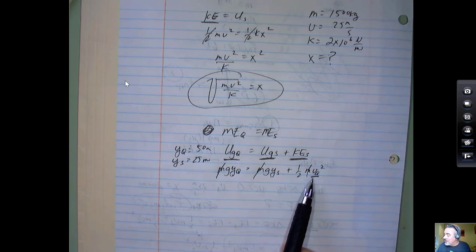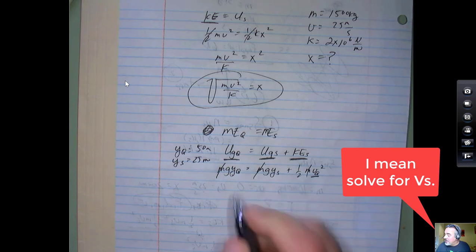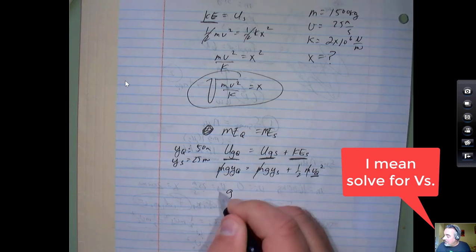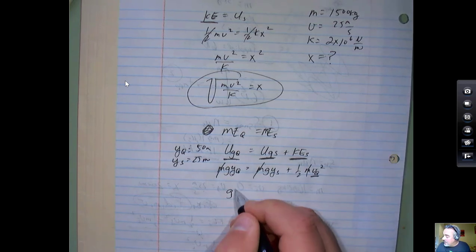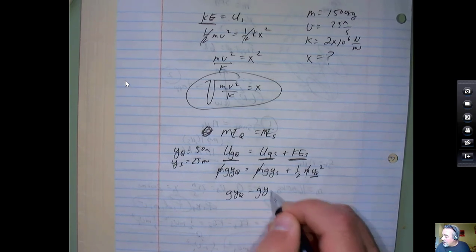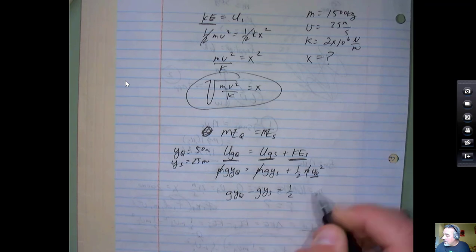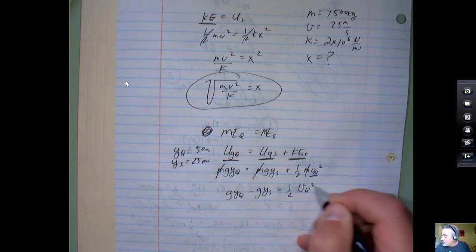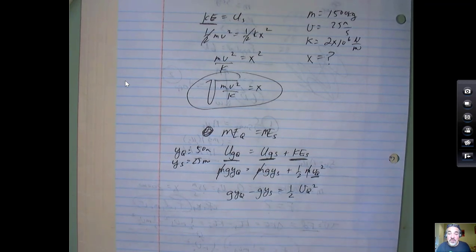Put this to the left-hand side. I'll just do one more step: g times y_Q minus g times y_S is 1/2 v squared. Then, of course, you multiply both sides by 2 and take the square root.